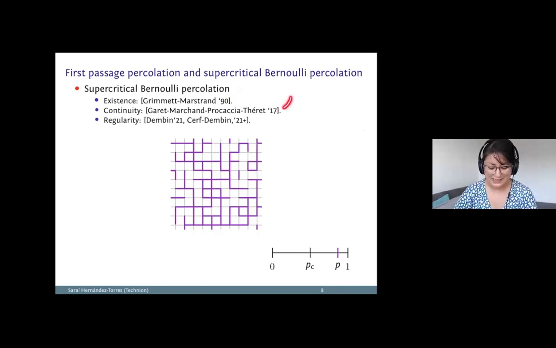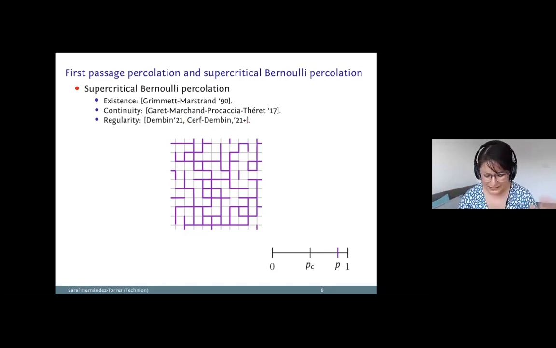And the continuity, as I mentioned before, was proved in a more general context of first passage percolation. And recently there has been some interest in the regularity property. In particular, this last result shows that for a strictly supercritical Bernoulli percolation, the time constant is Lipschitz.